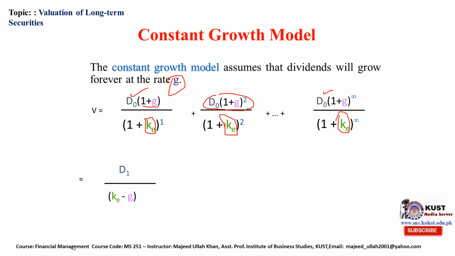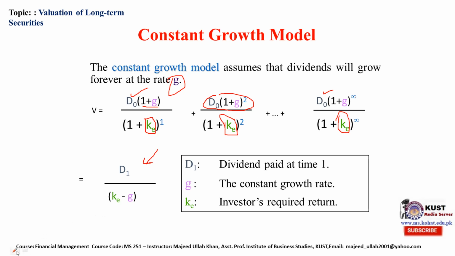So this is one of the reduced forms of the value. Secondary school mathematics is involved to reduce this whole model to D1 divided by (ke minus g). What are these three things?